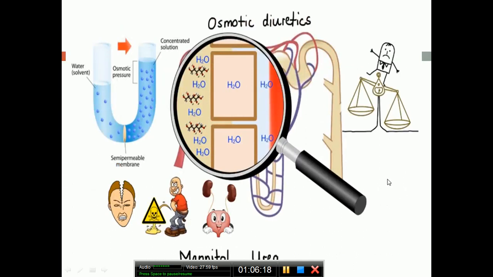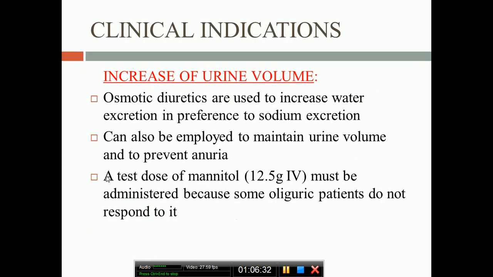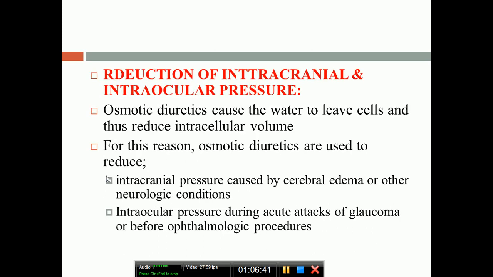So these drugs are given if the intracranial pressure is increased in head injury, or in glaucoma, or before ophthalmic surgery, because these can reduce intraocular pressure due to reduced intracellular pressure.